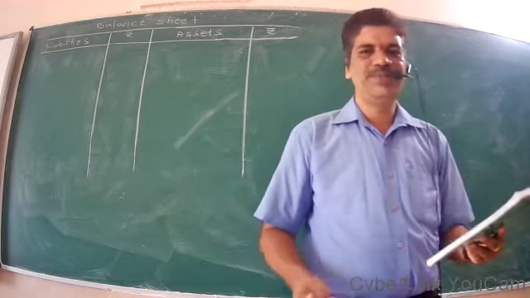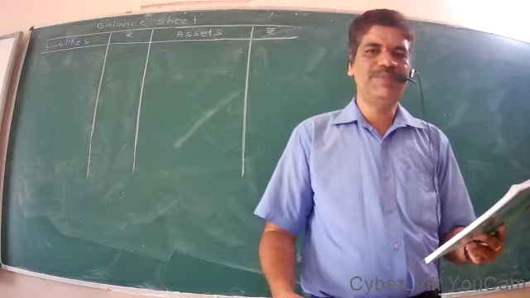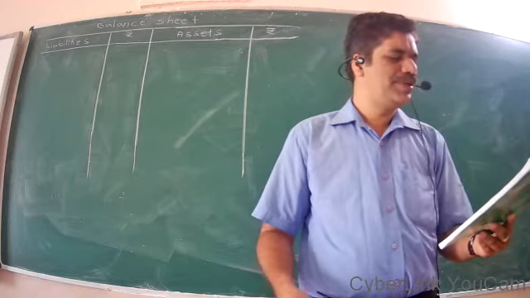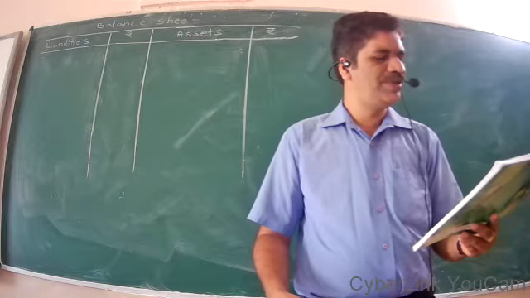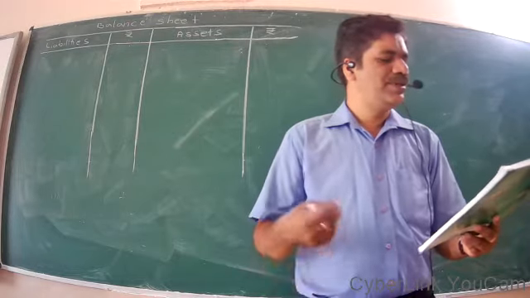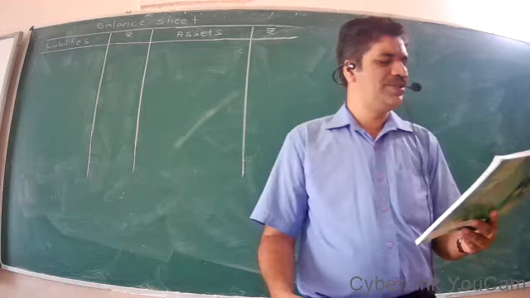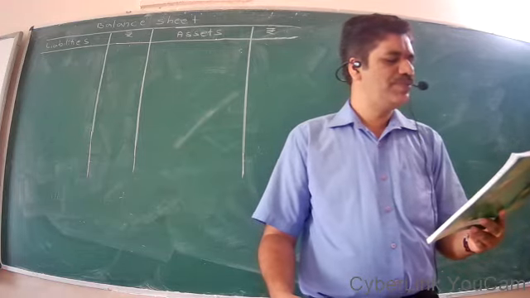Second is external liabilities, rupees 7,500. Next, reserves and surplus, rupees 3,500.